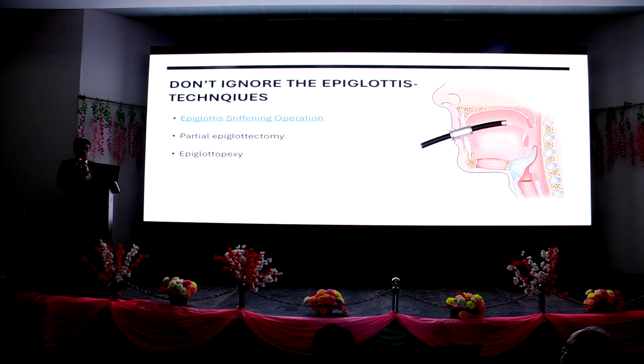The epiglottis stiffening operation is a cartilage-sparing procedure that stabilizes the epiglottis while preserving the protective function. Partial epiglottectomy effectively relieves collapse, especially trapdoor type collapse, in a bulky or retroflexed epiglottis, with low risk of aspiration when performed conservatively.